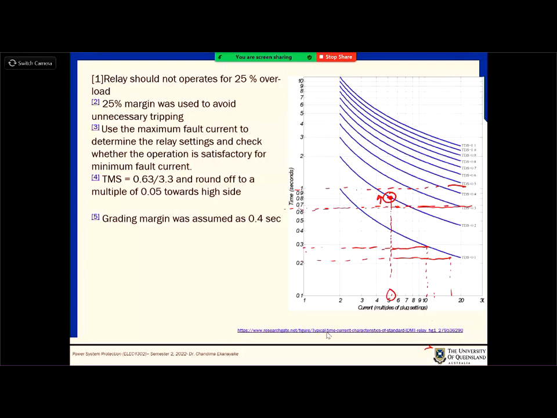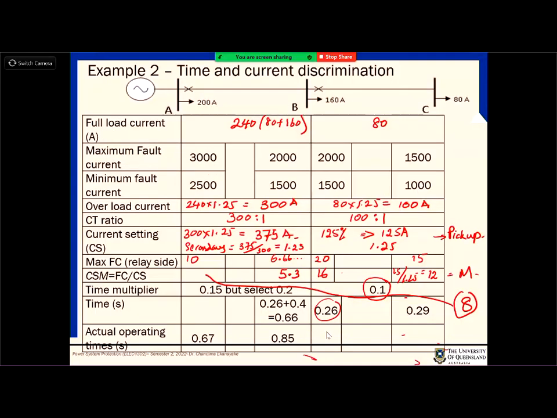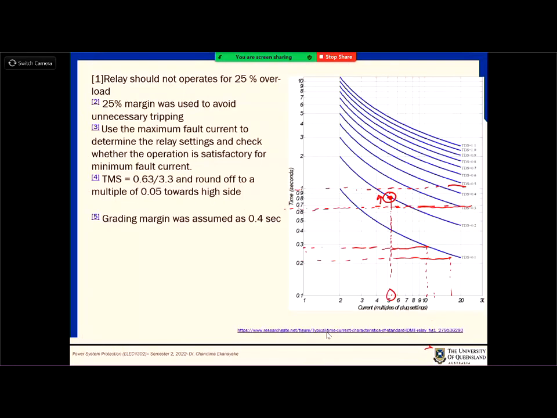That is always fixed. So the operating time at that fixed point should be above the required operating time, which in this case is 0.66 seconds. But if it is more than that, then you have to draw that line and find which curve goes beyond that.